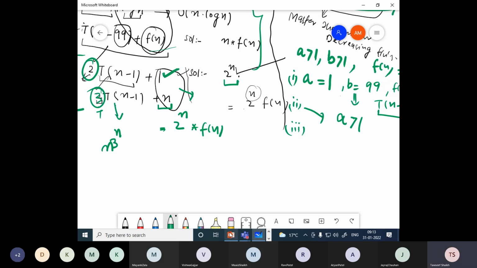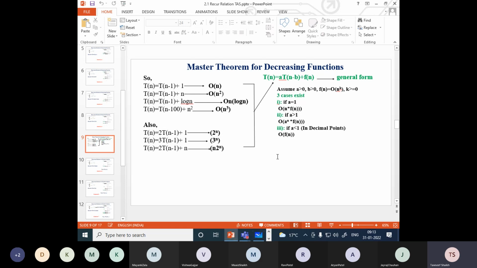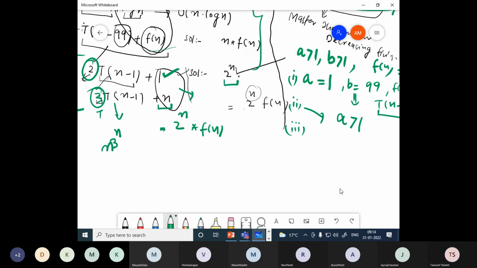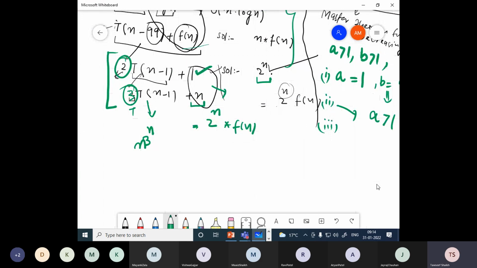So for case number 2, if a is greater than 1, whatever the multiplying term is, take its power as n, 2 power n, 3 power n, anything, and multiply it by f of n. And you will get all those recurrences of this form.